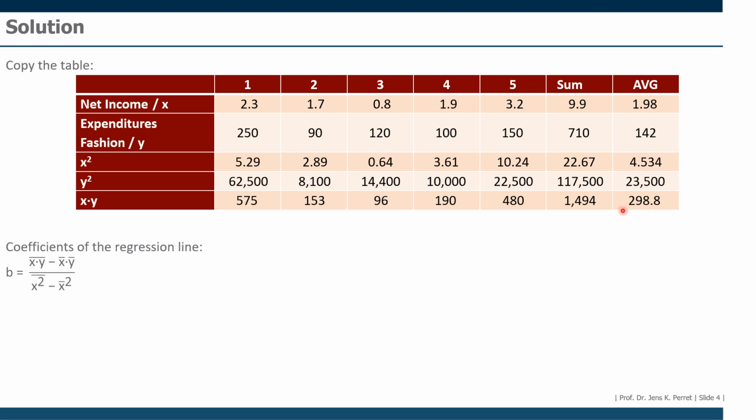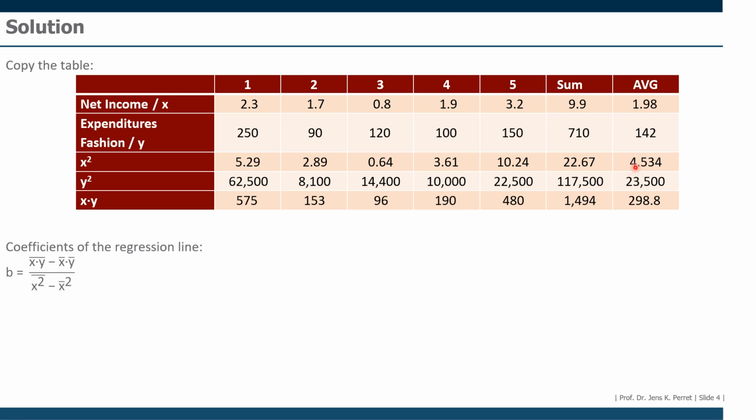That's the last one here, the 298.8, minus the average of x times the average of y. So minus 1.98 times 142. That's this. And down here, I have the variance of x, or average of x squared.